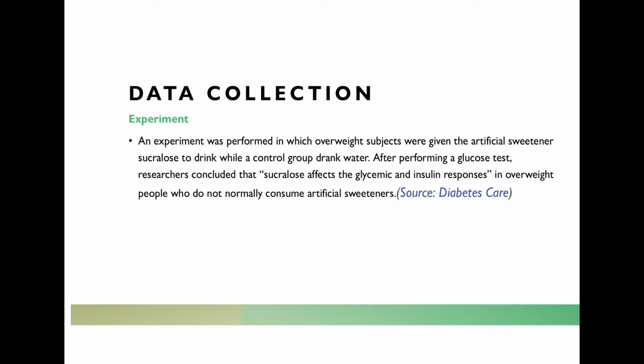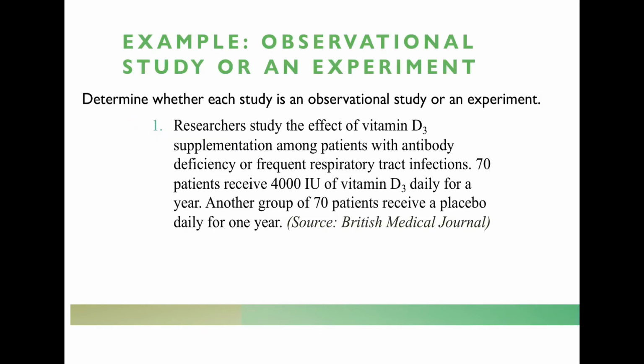And then they compare the two groups and see if there's a difference in their glycemic and insulin responses. Then neither group would know whether they're receiving the actual treatment, which would be the sucralose, or they're just getting regular sugar.